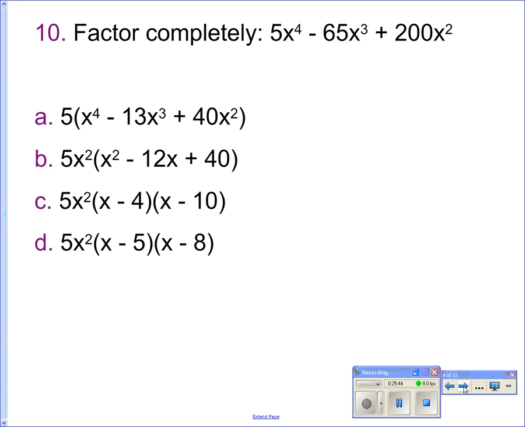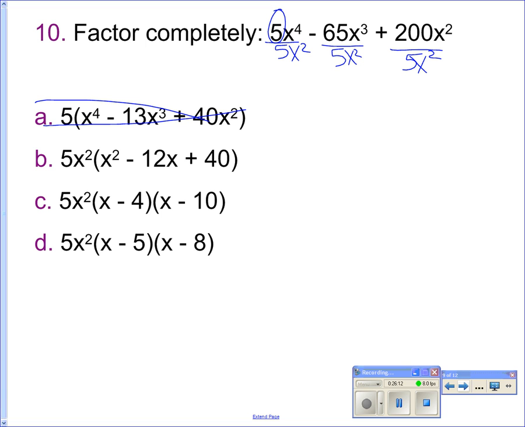What do you reckon goes into 5, 65, and 200? 5. It's always great to test that number. So 5 goes into all of them. What else goes into all of them? X squared. So which answer choice can I already mark out? Because you know 5x squared has to go in front.